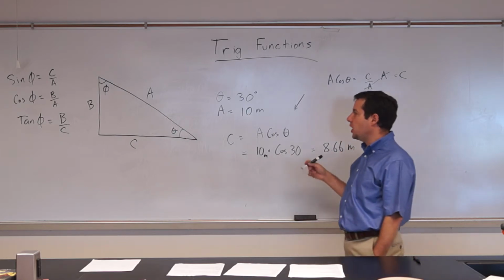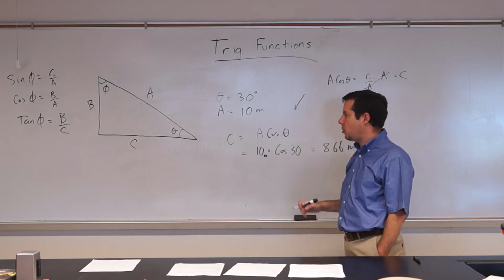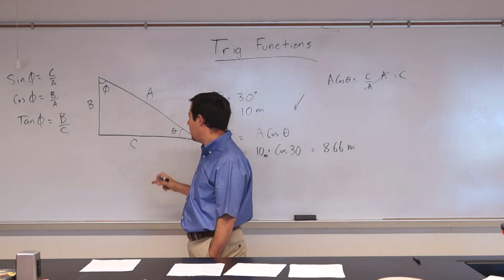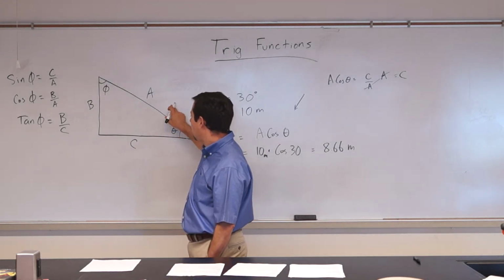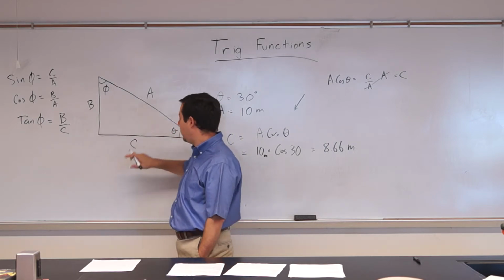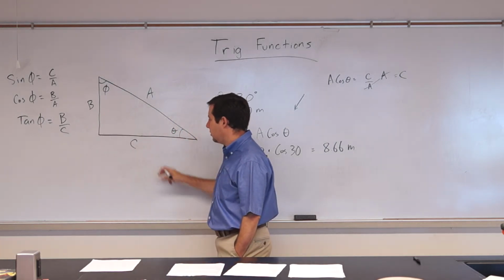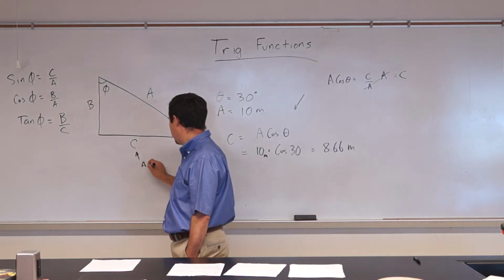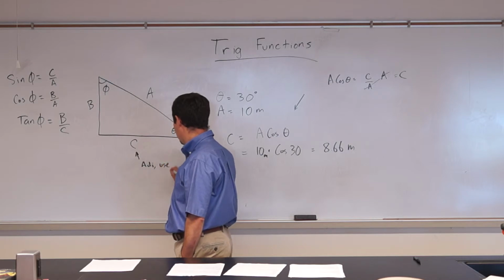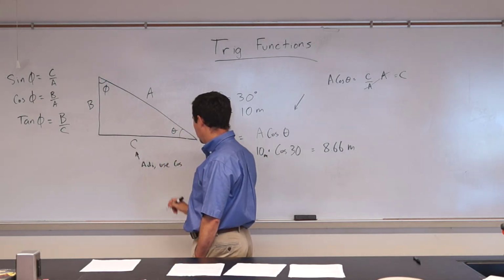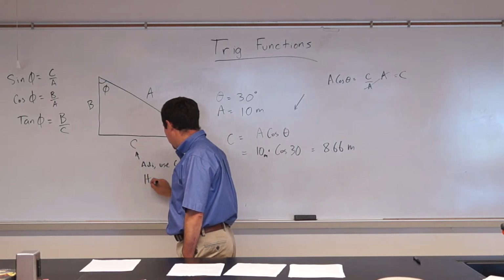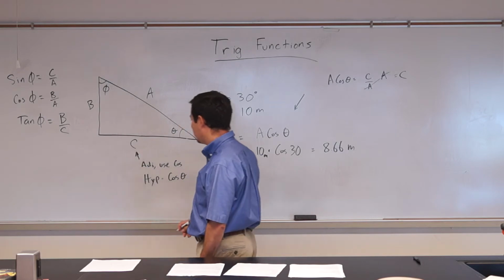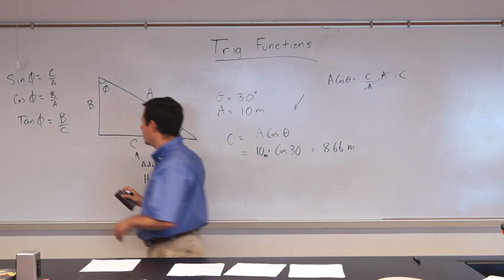You could do the same for B too. And this is something that's good to memorize. So let's say you know the hypotenuse and the angle. All you need to do is multiply the hypotenuse by the sine for side B or the cosine for side C. Since C is the adjacent side, you're going to use the cosine, so it's the hypotenuse times the cosine of the angle between them.